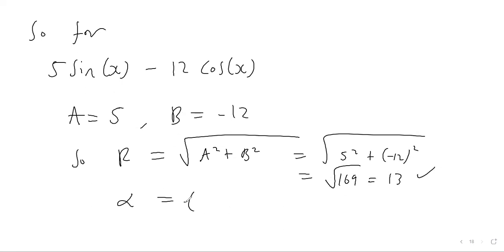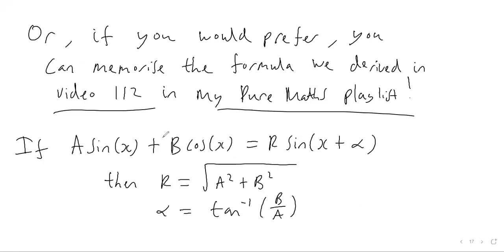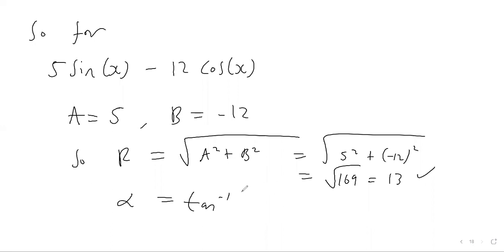And the alpha, so in this case, when we want to write this linear combination of sine and cos in terms of a sine translated function, it's tan inverse of b over a. So it's tan inverse of minus 12 over 5.